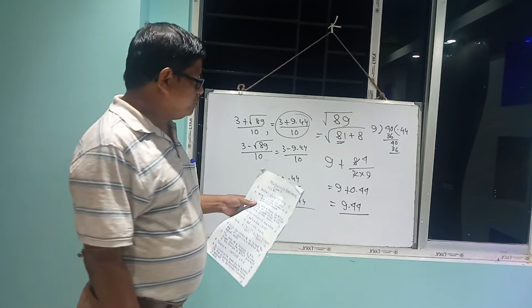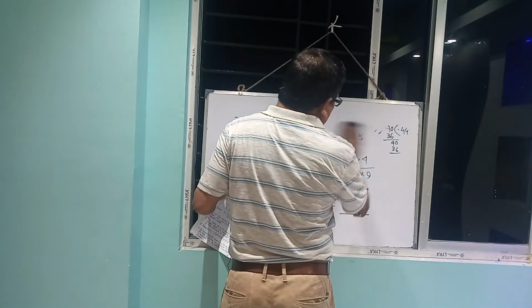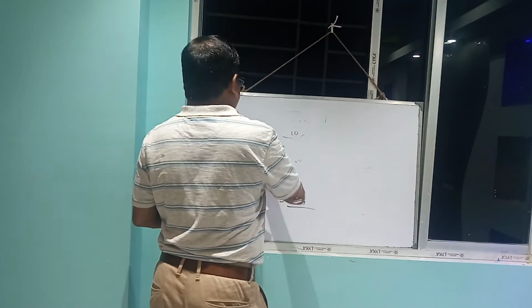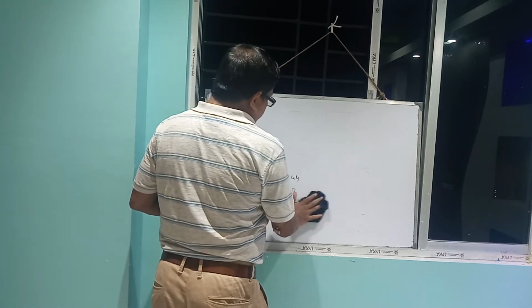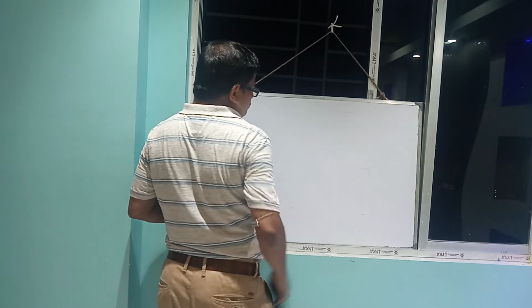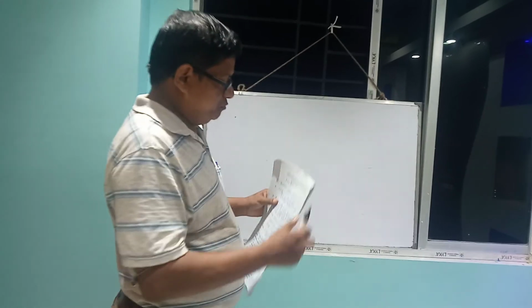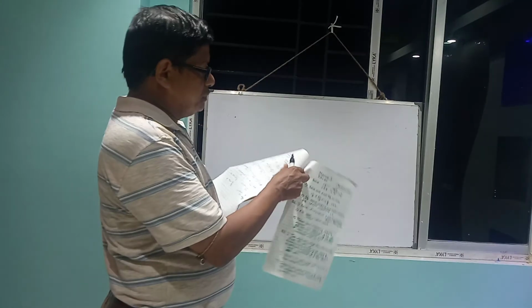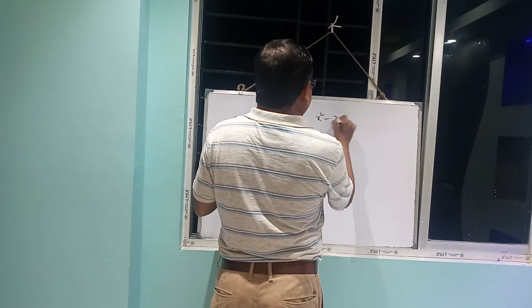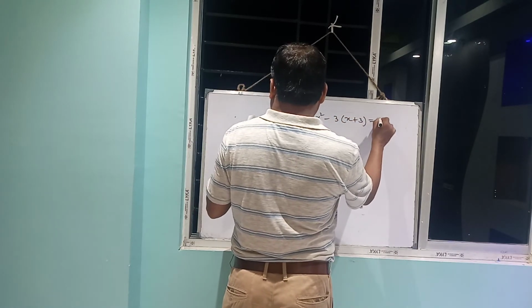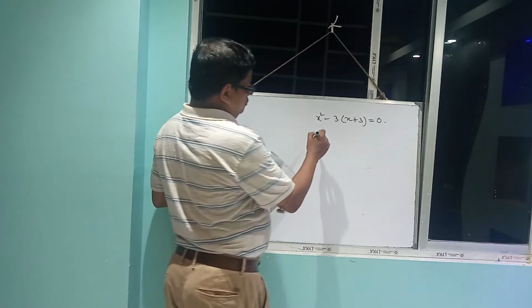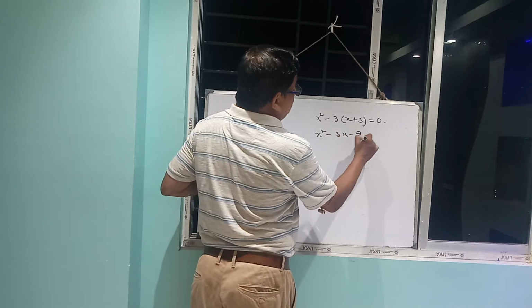Okay. Suppose I am showing another one. Look at here. Again, suppose x square minus 3x minus 9 equal to 0.